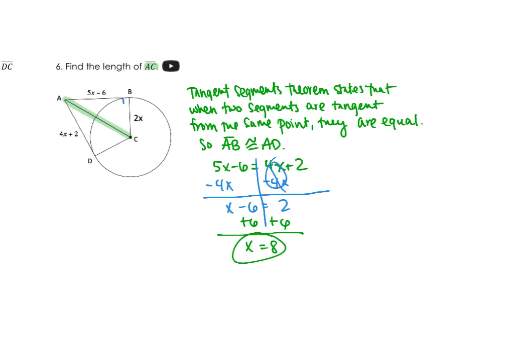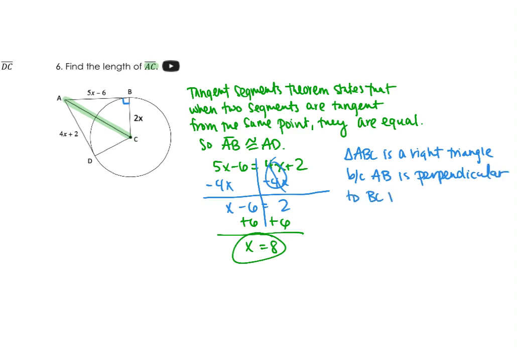So something else I should say here. I'm going to say that triangle ABC is a right triangle because AB is perpendicular to BC by the tangent to a circle theorem.